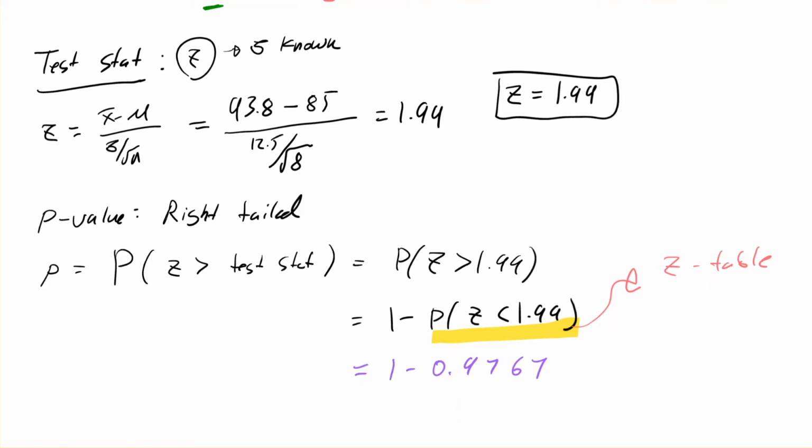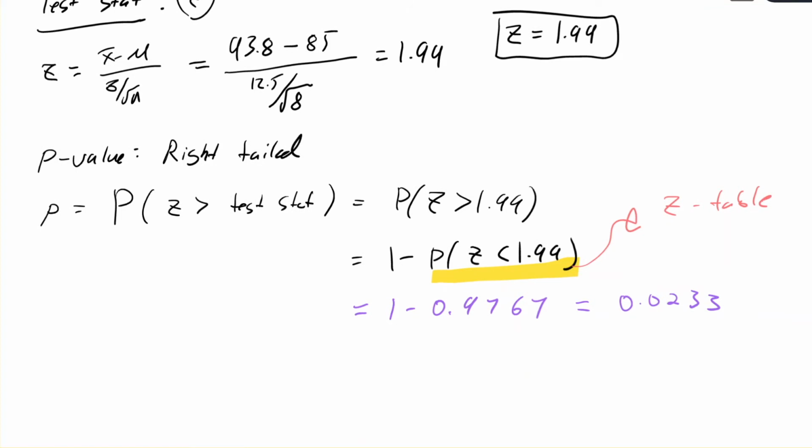So what that gives us, 1 minus 0.9767 is 0.0233. So our p-value is 0.0233. That's the p-value.